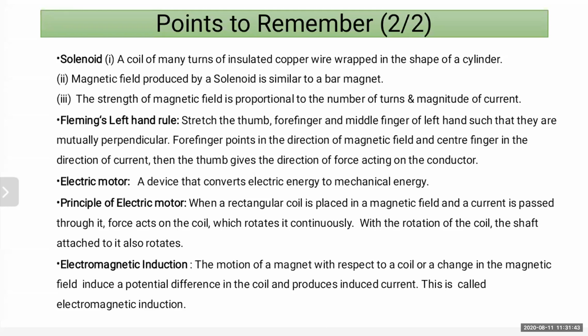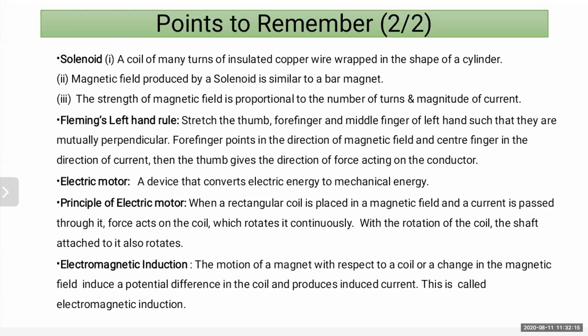Now, the electric motor is the device which converts electrical energy into mechanical energy. The principle is that when a rectangular coil is placed in a magnetic field and current is passed through it, a force acts on the coil which rotates it continuously.